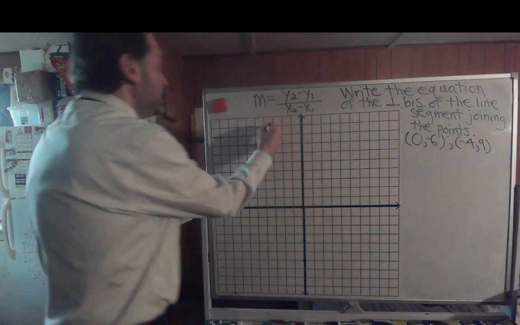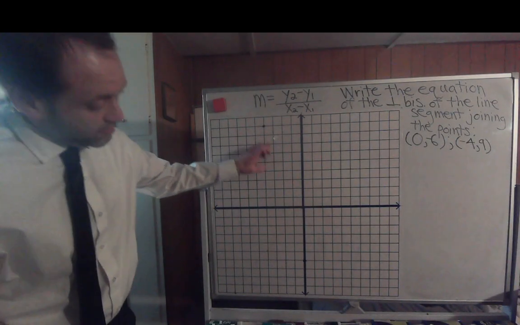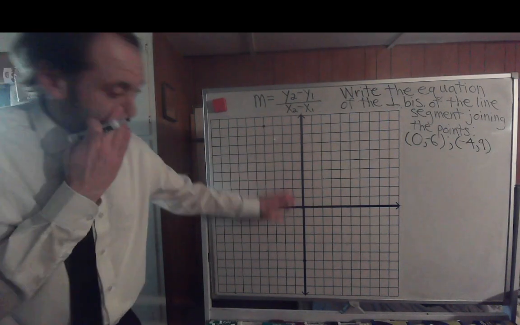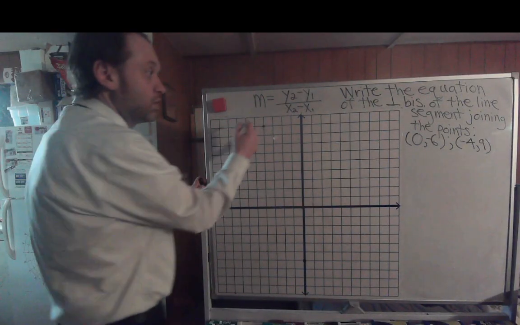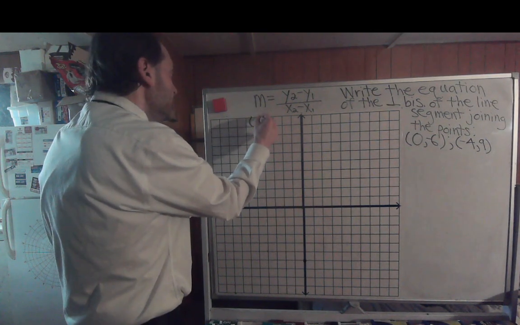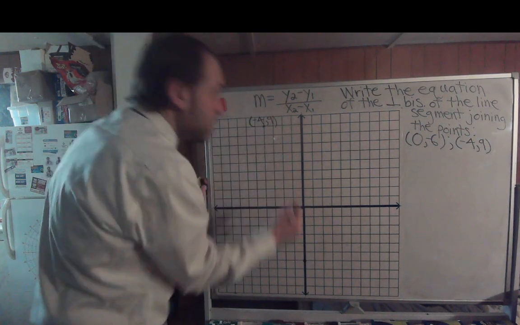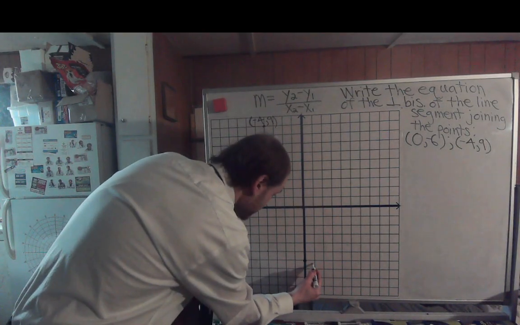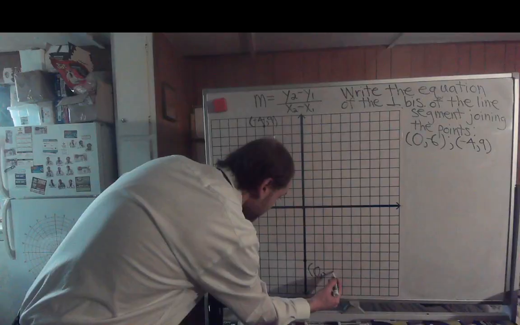So we need to find the perpendicular bisector of the line segment that joins those two points. So here's -4, 9. Here is going to be 0, -6.